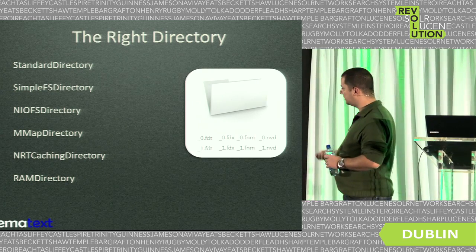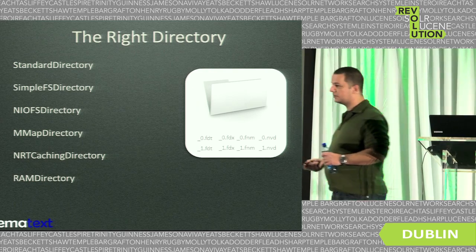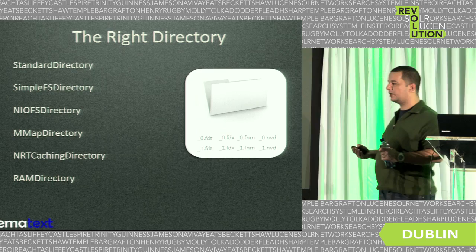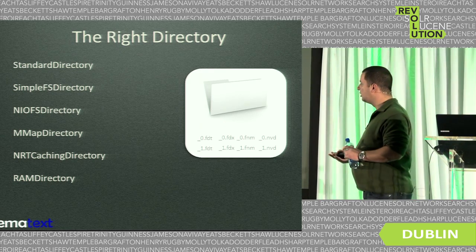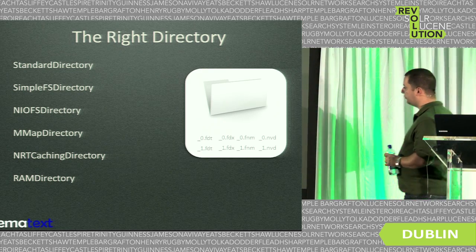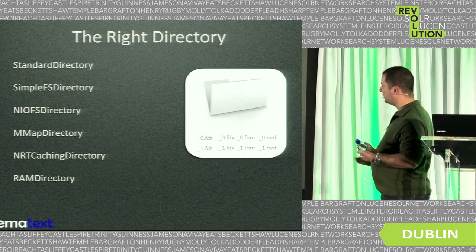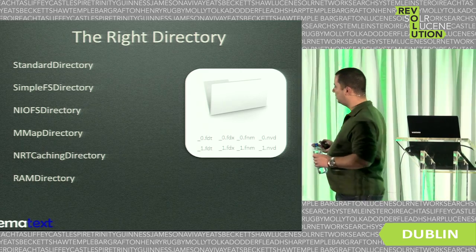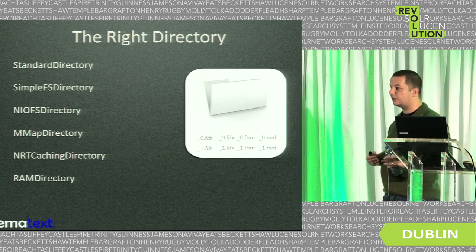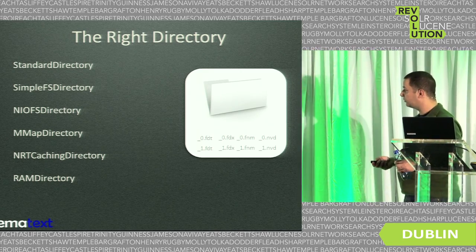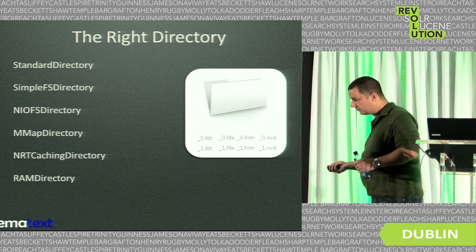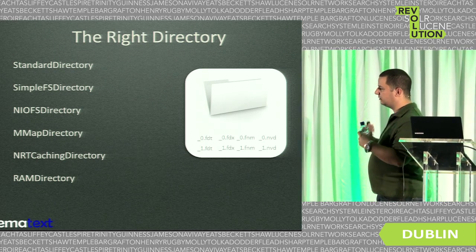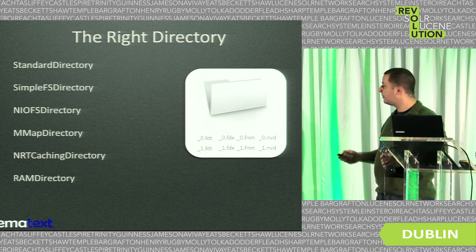And there is an NRT caching directory that is packaging other directories and caches some data like the segment files to allow more efficient near real-time indexing and searching. And then there is a volatile RAM directory that just allows to store the data in RAM, but yeah, it's not designed for production purposes unless you have very small data and you can just reindex it whenever you want.